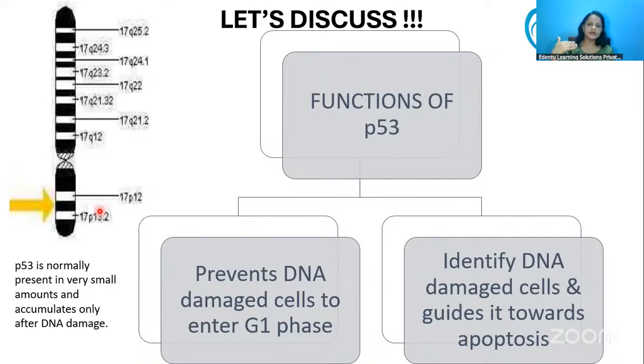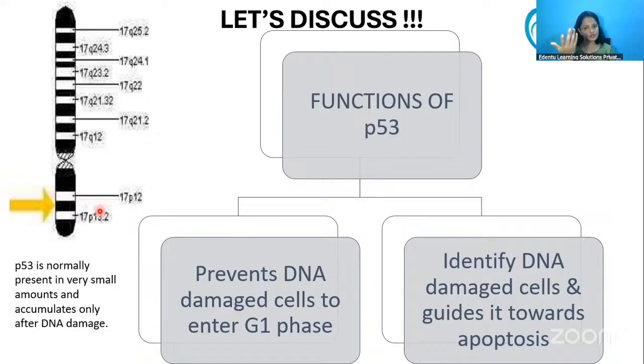And then it will activate the DNA repair genes, and these DNA repair genes will come and try to repair the damaged DNA. Since the cell cycle is paused, it will be very easy for them.